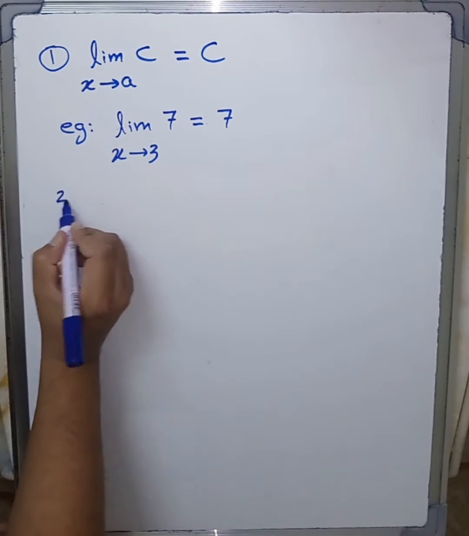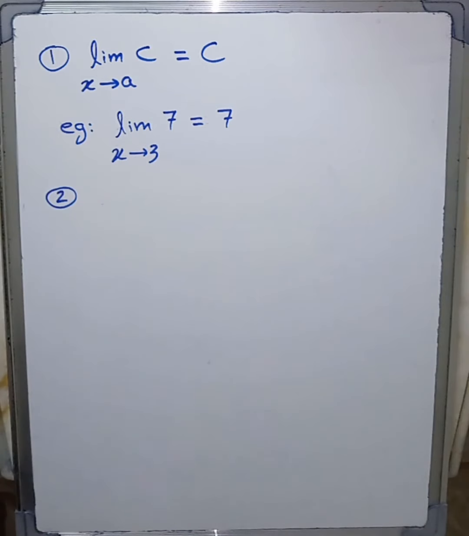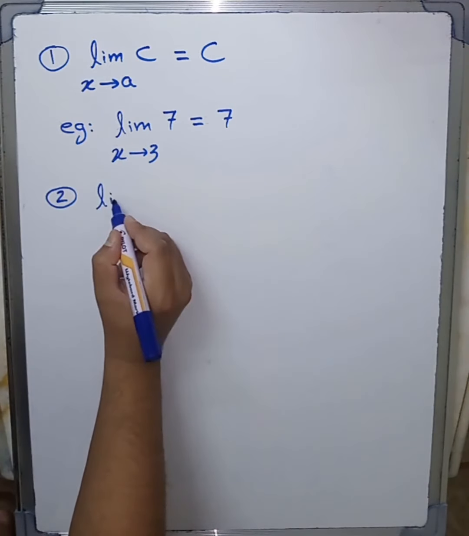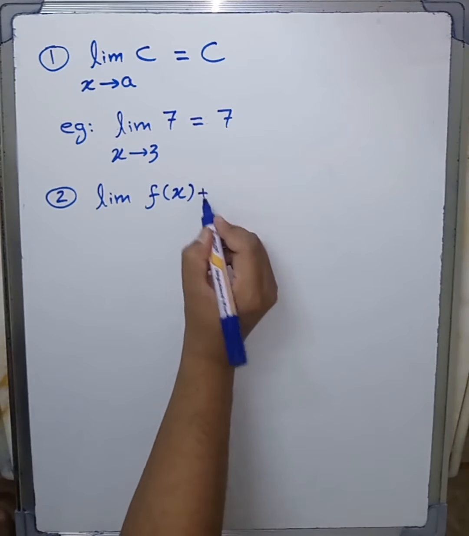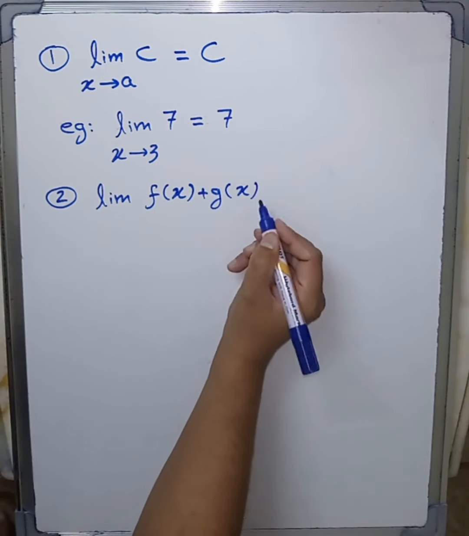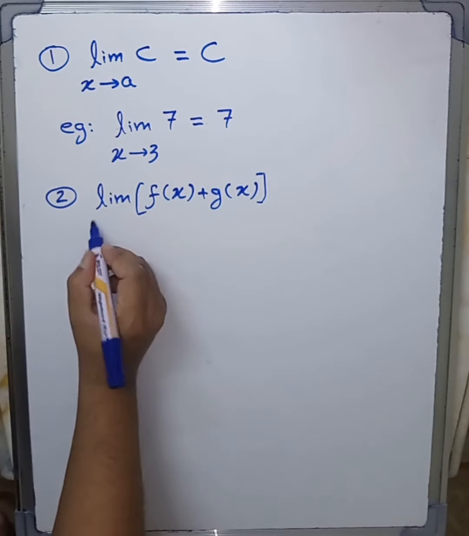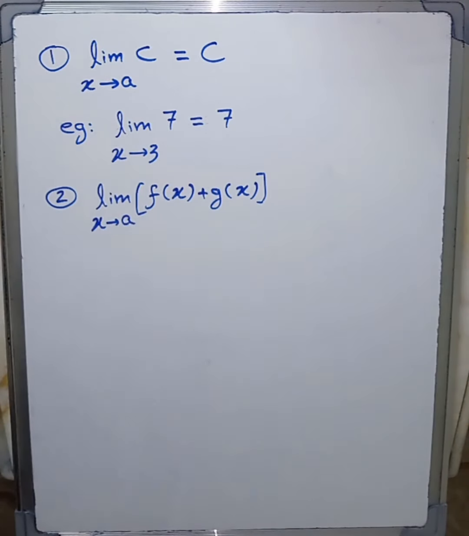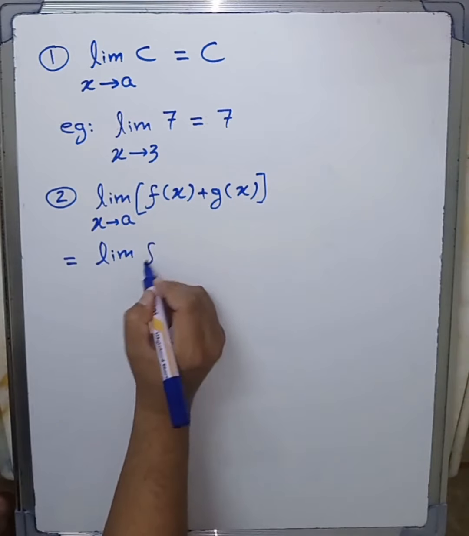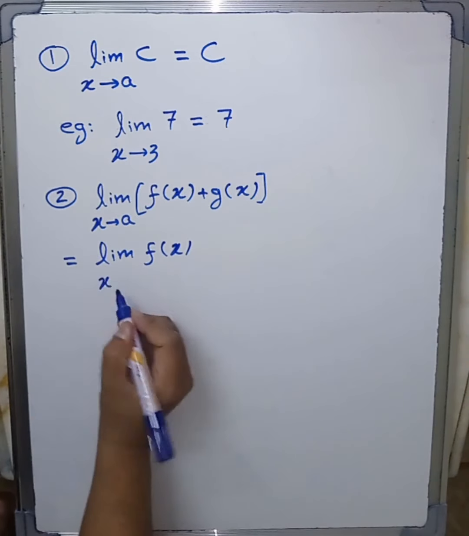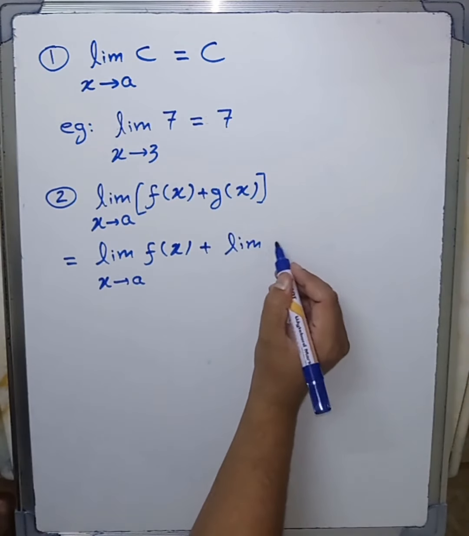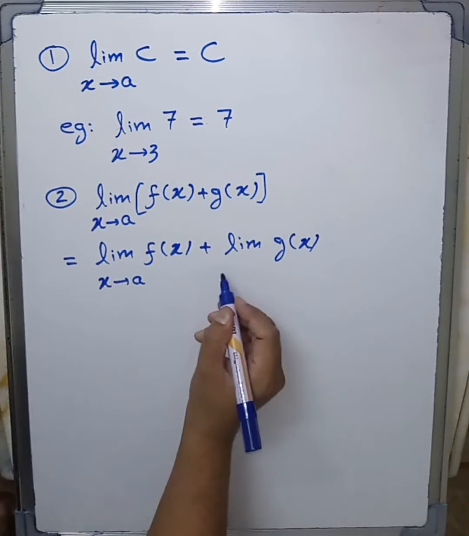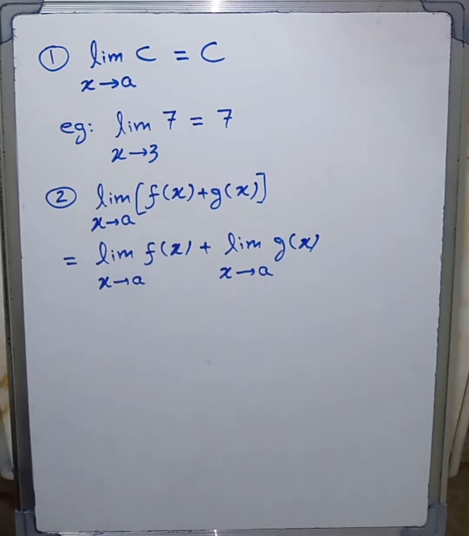Property number 2. Limit of f(x) plus g(x) as x tends to a is equal to limit of f(x) as x tends to a plus limit of g(x) as x tends to a.